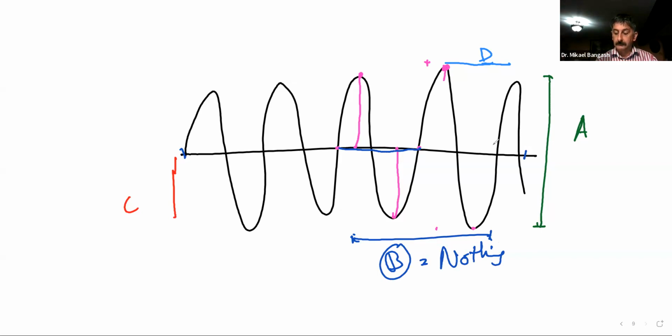Question number 8. Which of the following best describes what is identified by the letter C? And that's why I just said earlier, this here is the amplitude. Because what did we say that we describe amplitude? It is from the average line, which is this fellow here, to the peak, or from the average line to the trough.